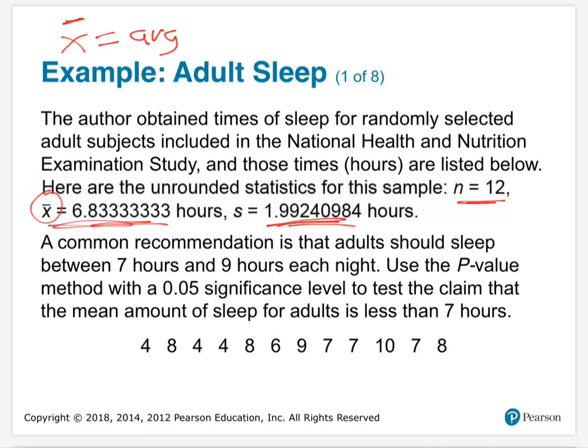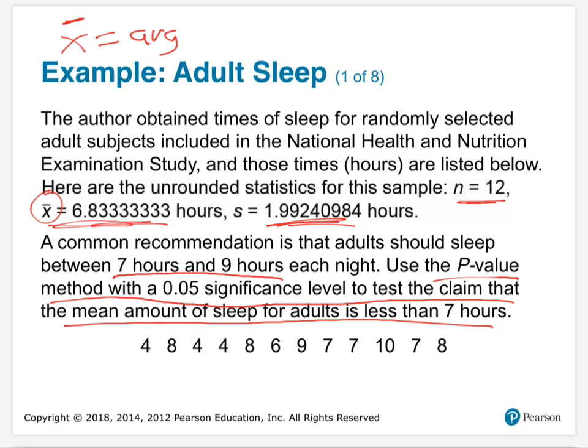But anyway, there's the standard deviation S. A common recommendation is that adults should sleep between 7 and 9 hours each night. Wow. Anybody get over 8? That's all right. Use the p-value method with a 0.05 significance level to test the claim that the mean amount of sleep for adults is less than 7 hours.